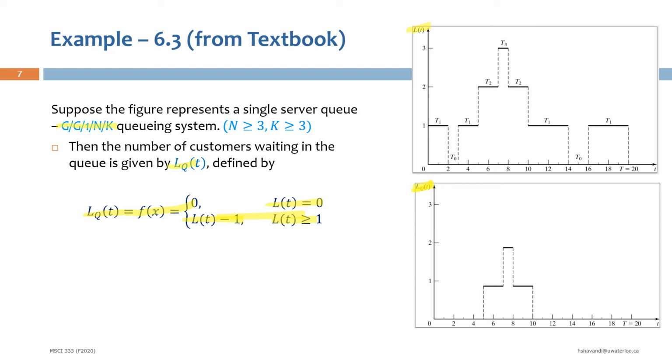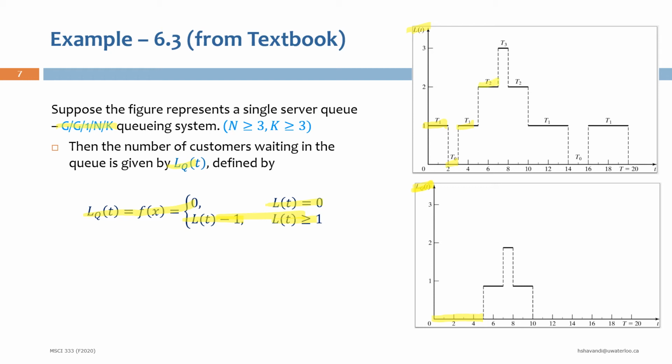So here, when we have one customer in the system, this means that this customer is in the server, right? So there is no one in queue. Here we have 0 customers in the system, so no one in queue as well. We have again one customer in the system, again no one in the queue. So for the first 5 minutes there is no customer in line. But at time 5, we have 2 customers in the system.